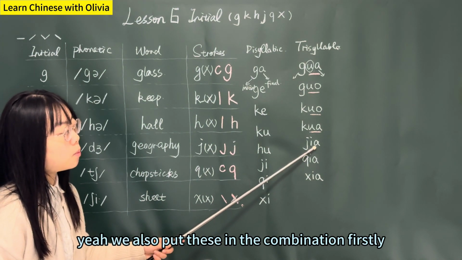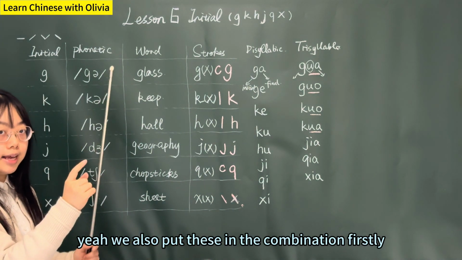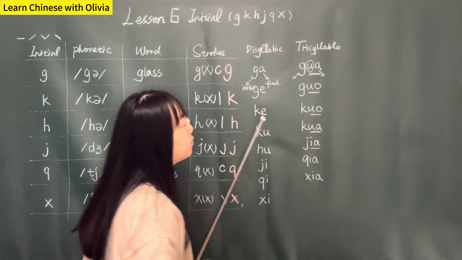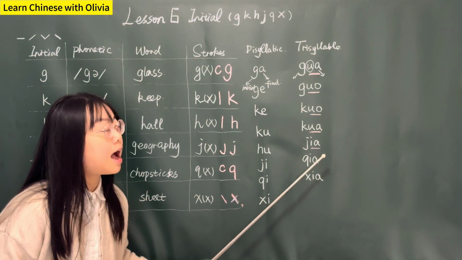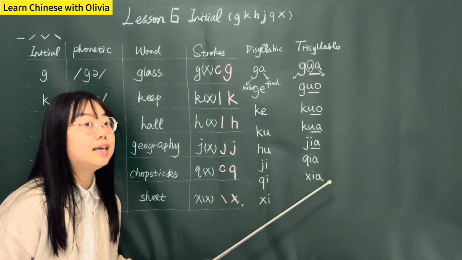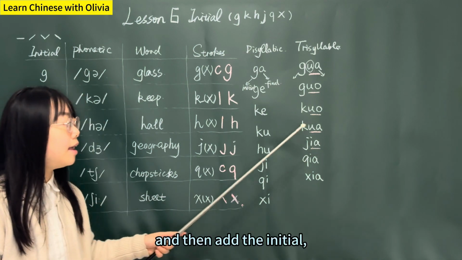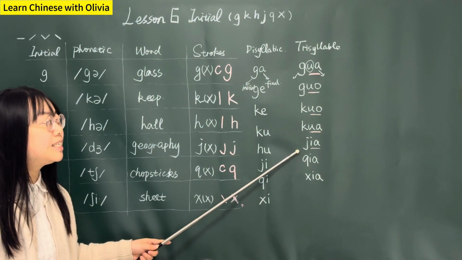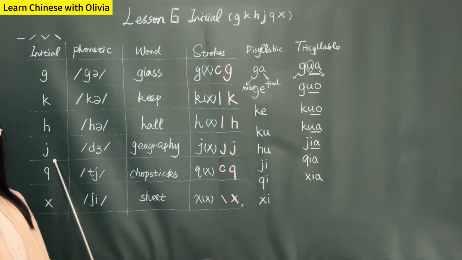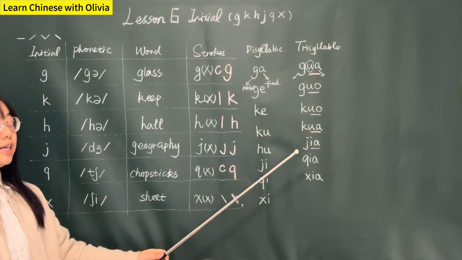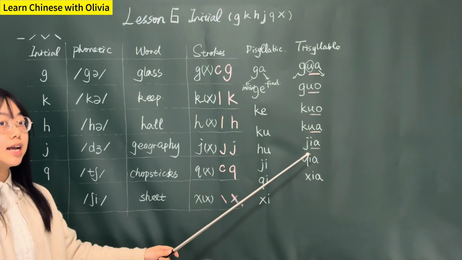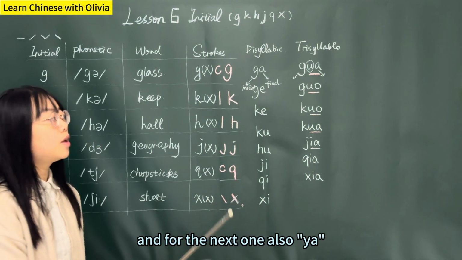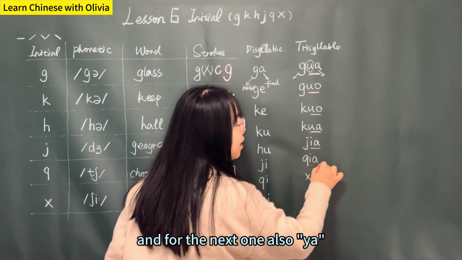Yeah, we also put this in a combination firstly, so we pronounce this. I, a, ya, and then add the initial. G, ja, right? And for the next one, also ya.